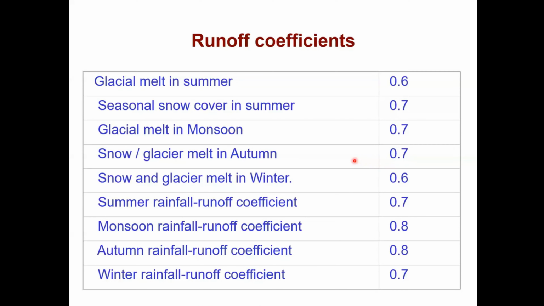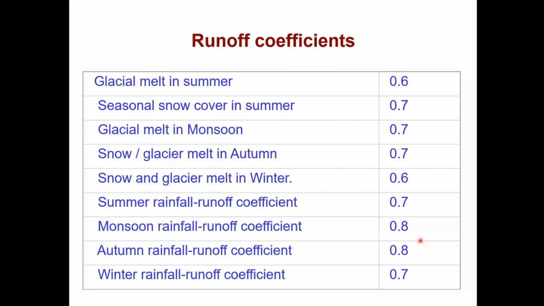Some of that will be abstracted by the land. Some will infiltrate into the ground, and there might be evaporation or evapotranspiration. So there is a different runoff coefficient, but predominantly the runoff coefficients are 0.6, 0.7, and 0.8.